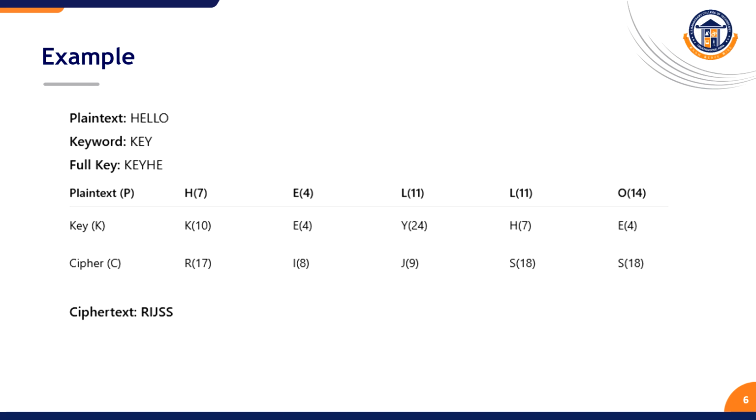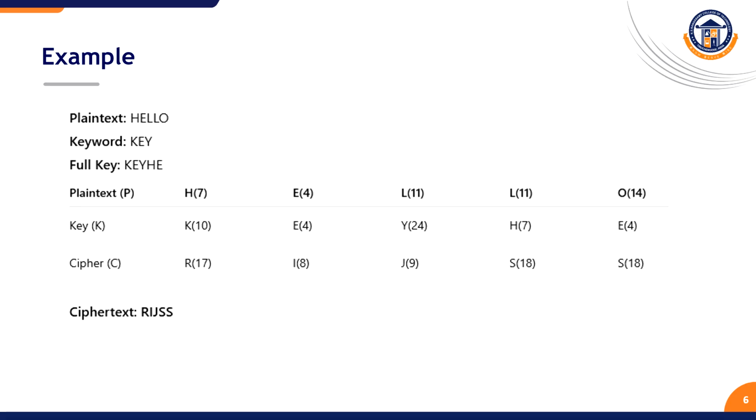It is R. E is 4 plus 4 is 8, 8 is I. L is 11 plus Y 24, so 35, take mod 26, the remainder is 9, and 9 belongs to J. In the same way we calculate and get S and S. So the ciphertext is RIJSS for the plain text HELLO.